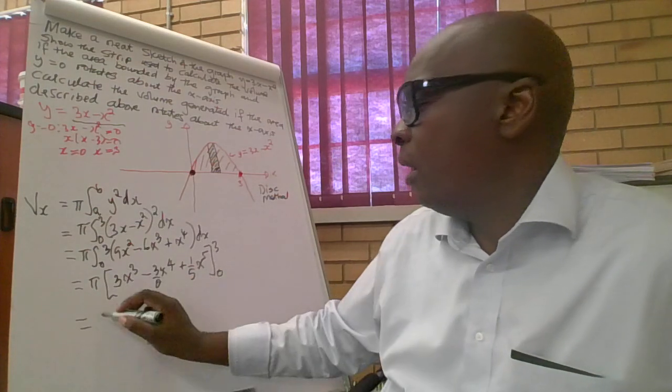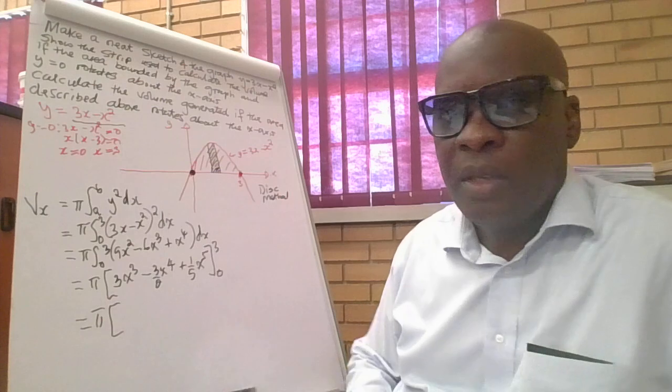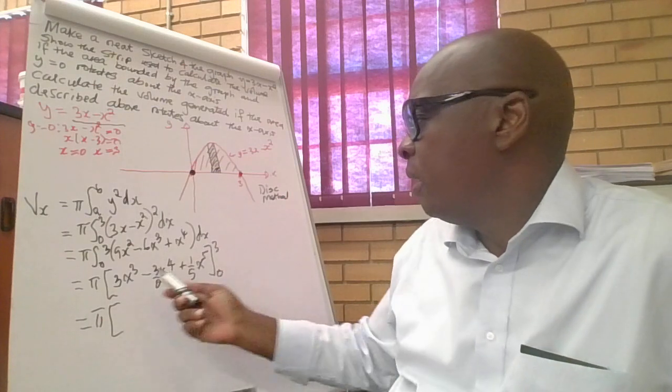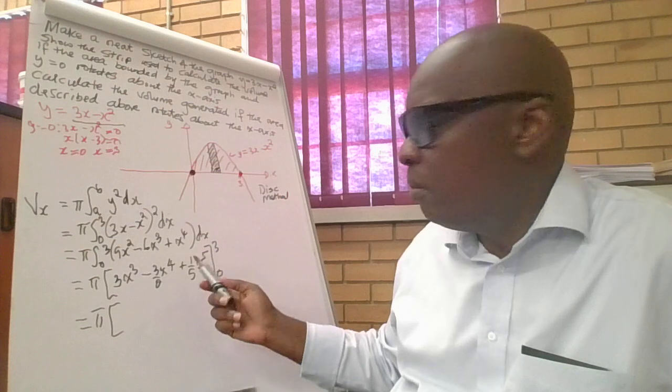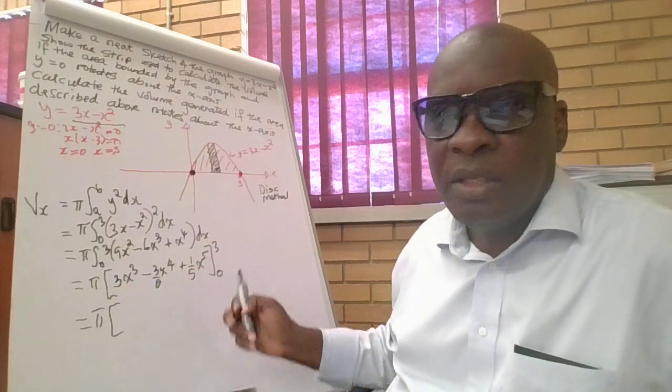Now I have to put in the limits. Put the upper limit first. In other words, where there's x, I'm going to put 3, minus when you put the lower limit. Where there's x, you put 0.